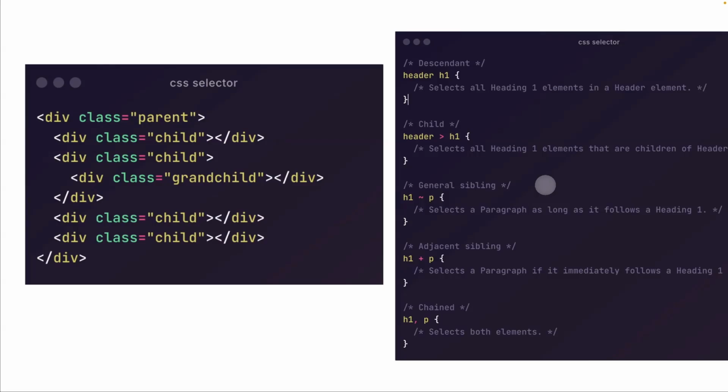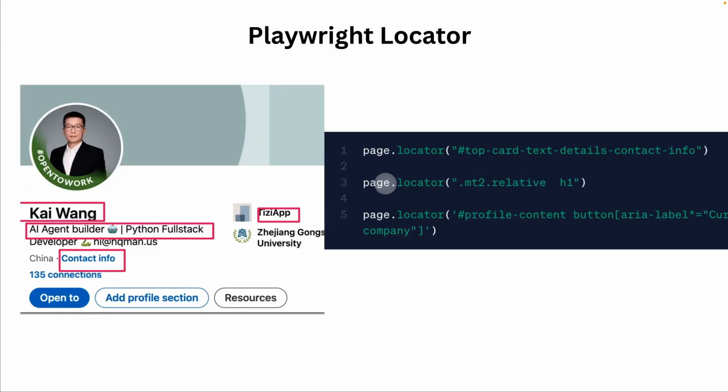For more complex cases, you can even combine different rules to target elements. Let's take a LinkedIn profile page as an example. Using this ID rule, we can locate the contact info button. Then, with this CSS selector, we can target the person's name, and with this selector, we can find the current company they work for.